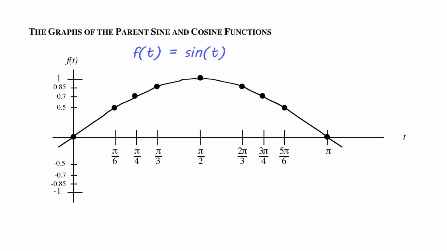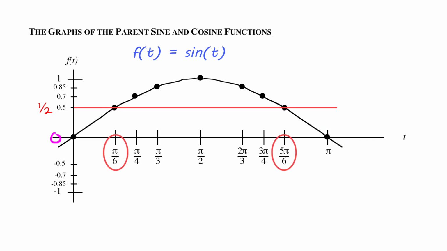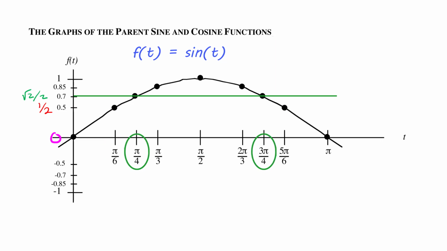Now here again, looking at a closer look at the sine function, just from 0 to pi, we know that sine is 0 at 0 and at pi, and sine is 1/2 at pi over 6 and 5 pi over 6. And it's square root of 2 over 2, which is approximately 0.7 at pi over 4 and 3 pi over 4.